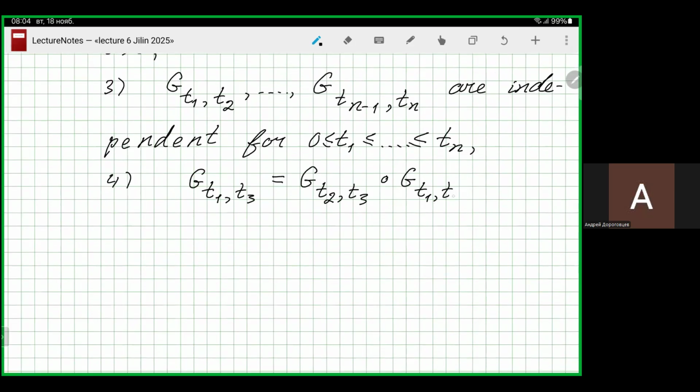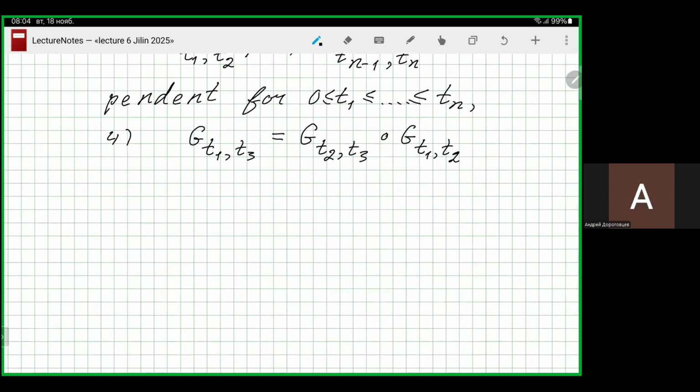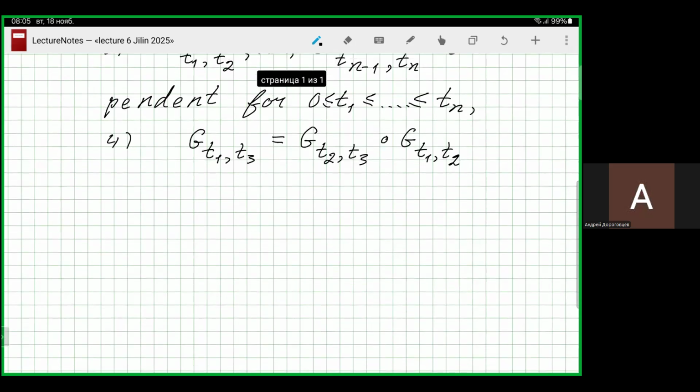We discussed that this composition in most cases is well defined, and every time you have to discuss the possibility or existence of such composition.